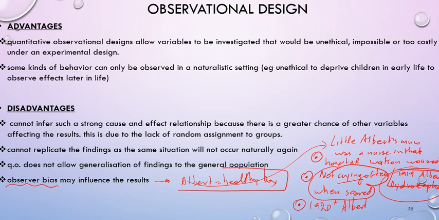He was biased and he was seeing a healthy boy. Now, if the observer was biased, or if the observer was a liar, we don't know. We know that the results have been influenced.